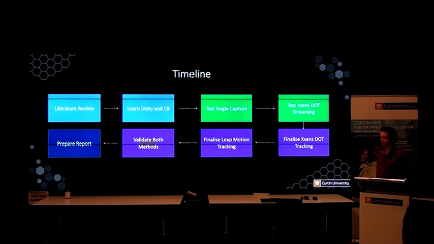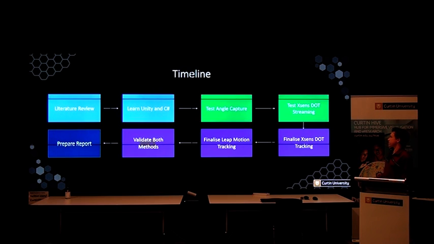All right, my timeline. So some of these come in together, basically. Literature review, so basically reading a past thesis paper of one of the students that's done this project before. Teaching myself some Unity in C#, and I can tell you C# is easier than C++.